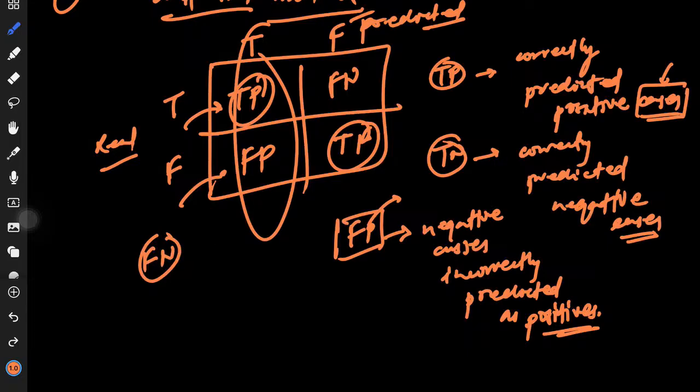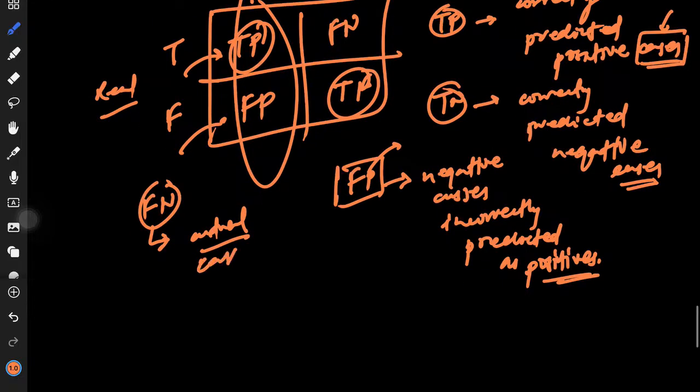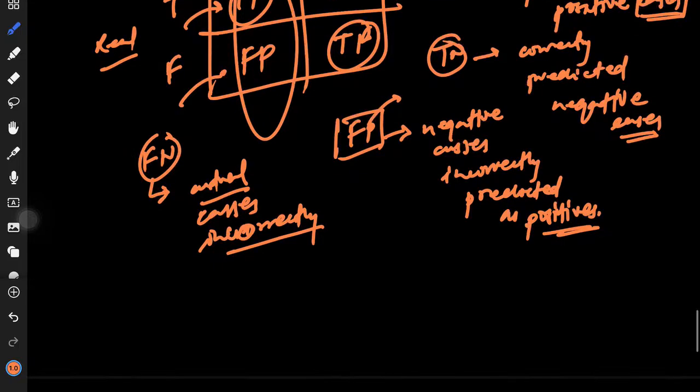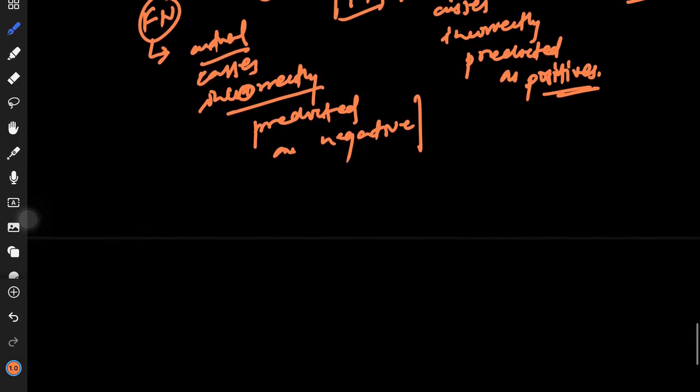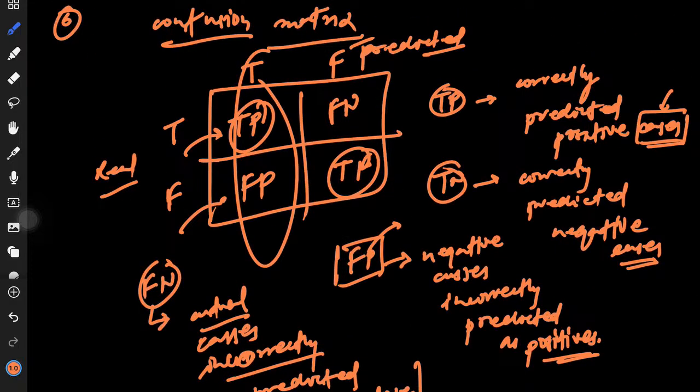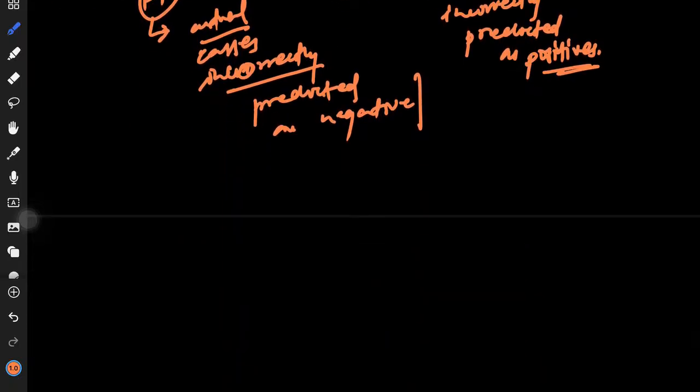So false negative means actual positive cases incorrectly predicted as negative. Okay, so this is our confusion matrix.